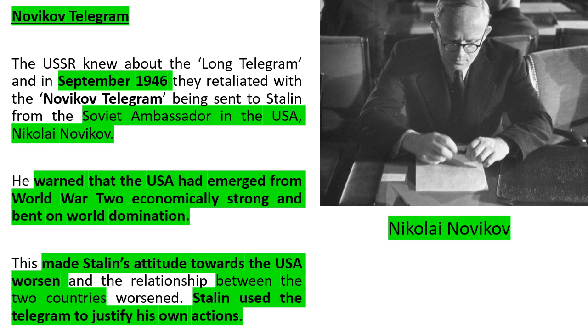They too want to influence the rest of the world and dominate the world economically, which, if you look at it, they kind of do. And this also hardened Stalin's attitude towards the USA. He knew exactly where he was standing, and kind of proved what he suspected all along.